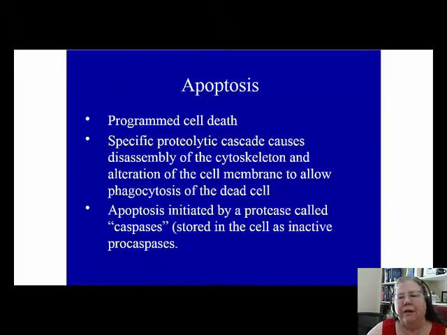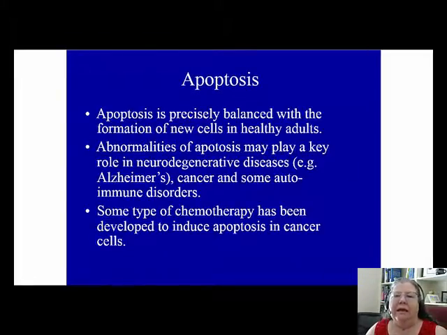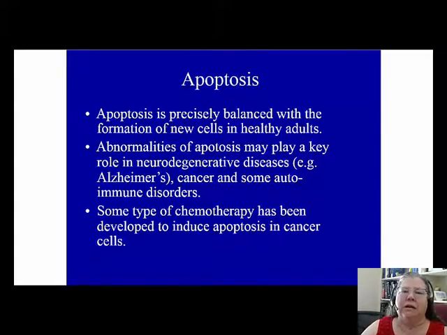So apoptosis is initiated by an enzyme, a protease, called caspases. And in healthy adults, there is a very fine balance of cell reproduction and cell death.